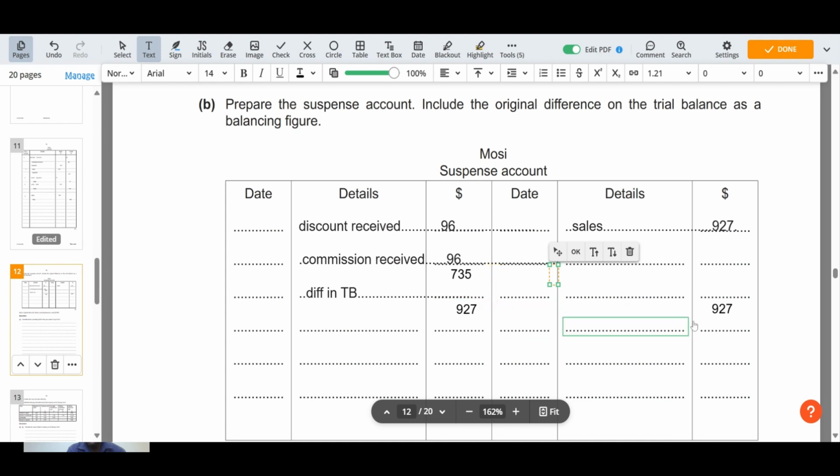So this balances at 927, 927. Sometimes they give you the difference in the trial balance, which means in that particular scenario, your suspense account has to just balance, because you can't compute your own figure since the trial balance difference is already given for you. So that is how you actually do the suspense accounts.